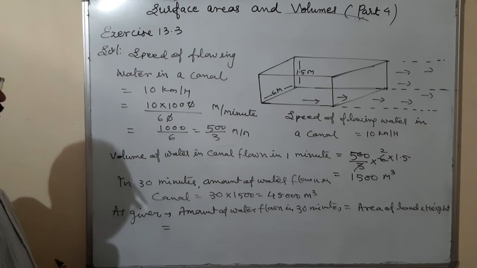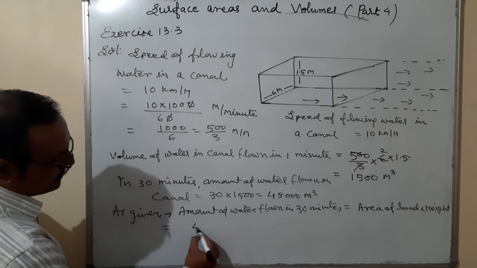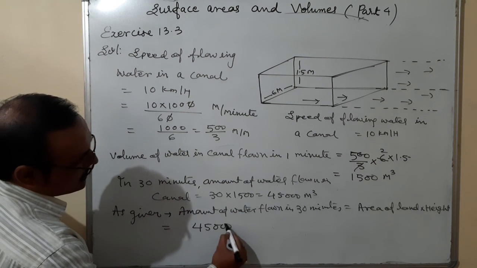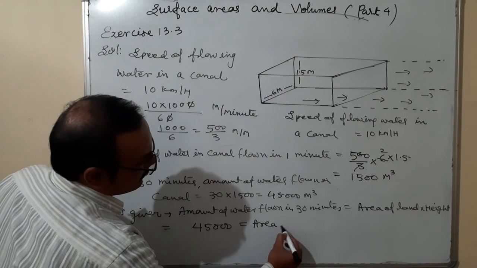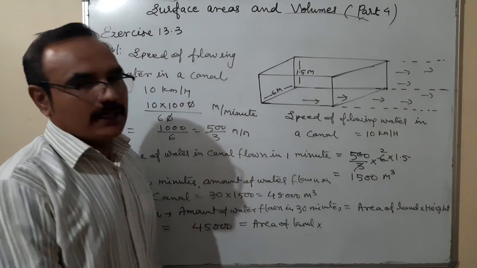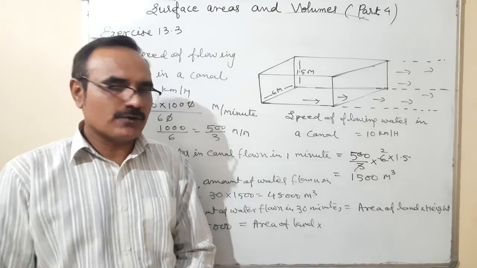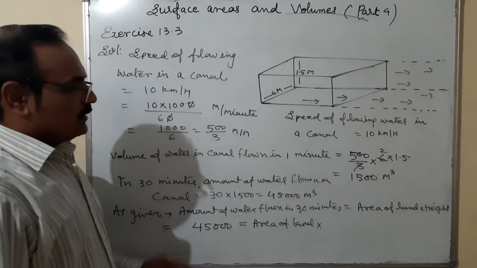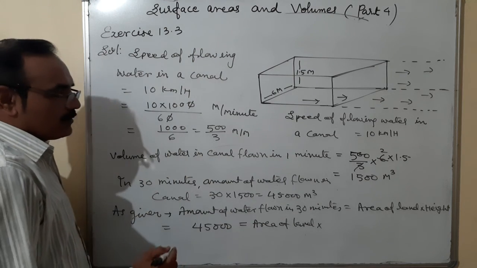The amount of water flown in 30 minutes, that we already have got, is 45,000 meter cube, equal to area of land multiplied by height. And clearly in the question it is given that 8 centimeter standing water is required. Because other units are in meter, this 8 centimeter also will be converted into meter.